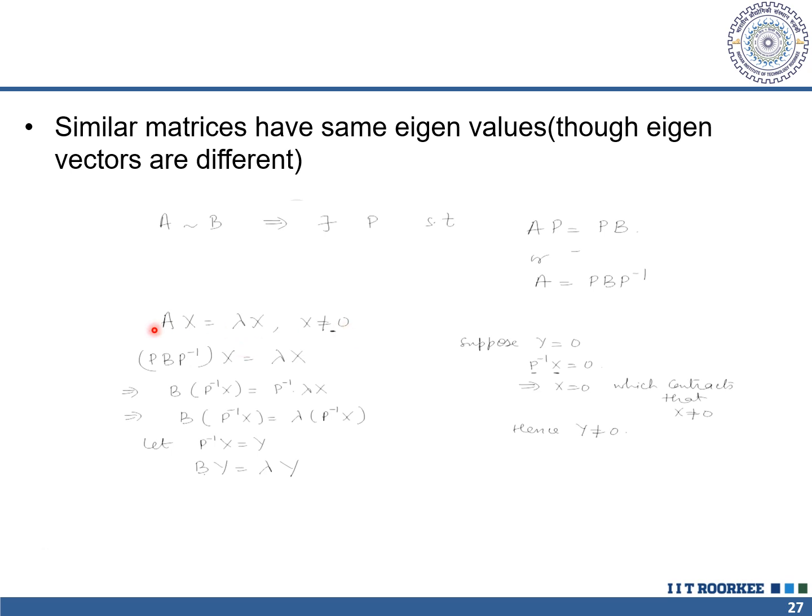By substituting A equals PBP inverse in Ax equals lambda x, we get PBP inverse x equals lambda x. Multiplying with P inverse on both sides cancels P here.